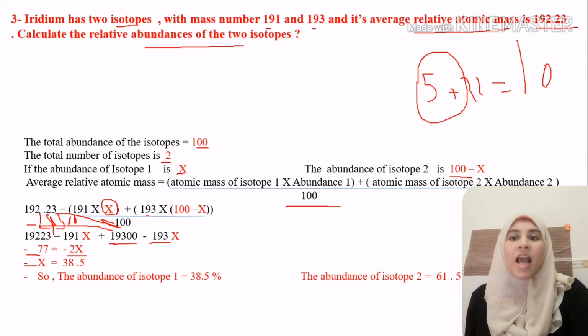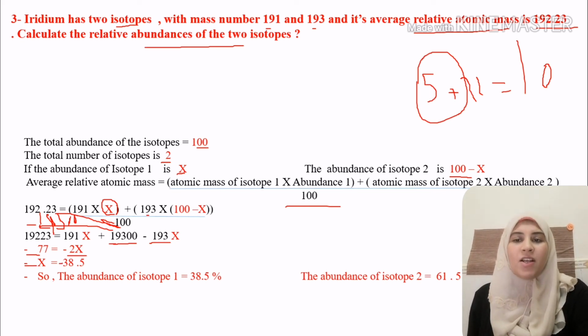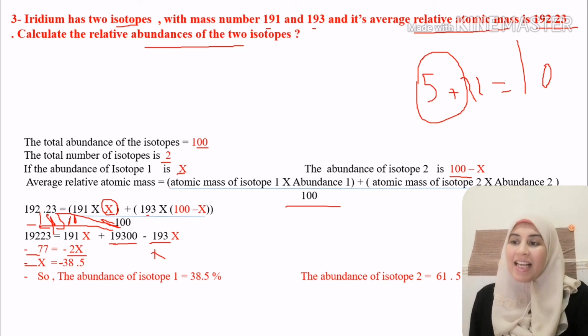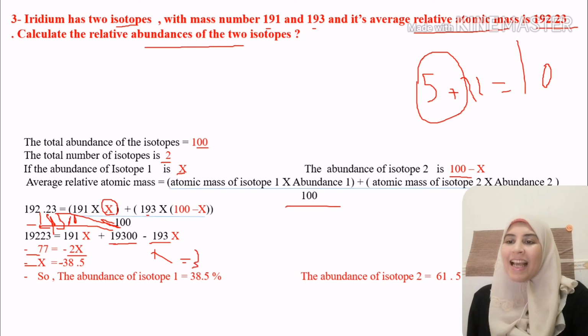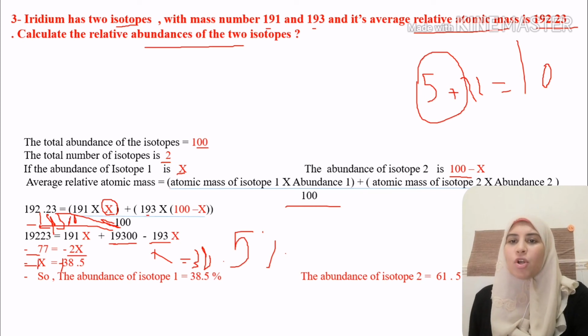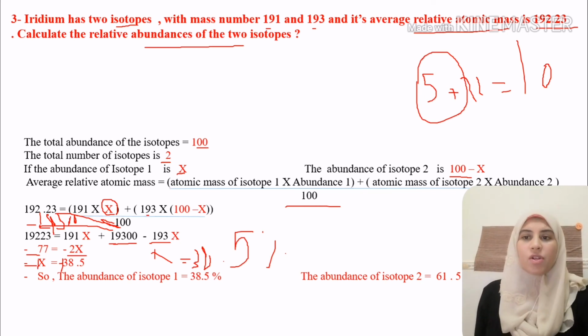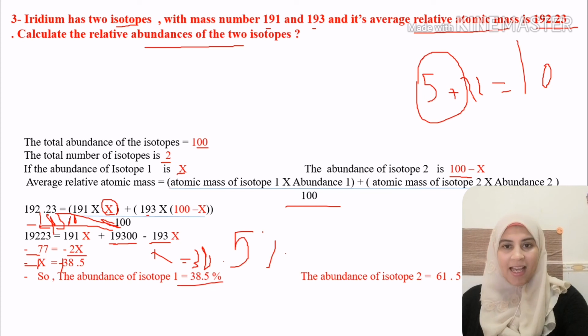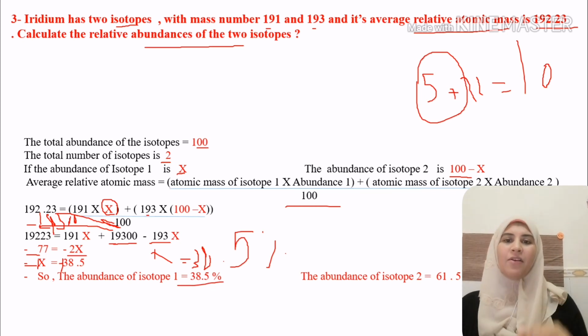Minus X equal minus 38.5. X equal 38.5. Just cancel the negative sign. Not more, not less. So the abundance of the first isotope, X, is 38.5.